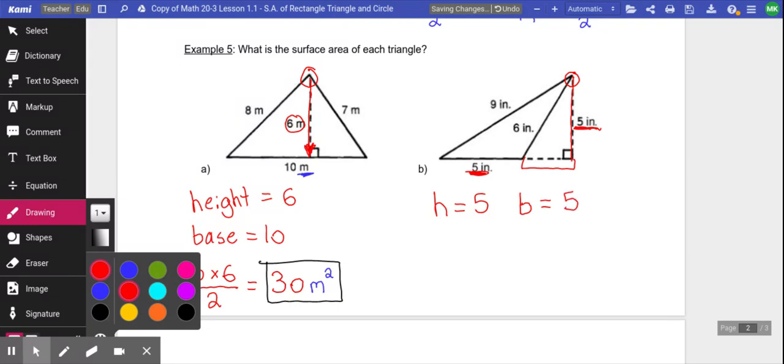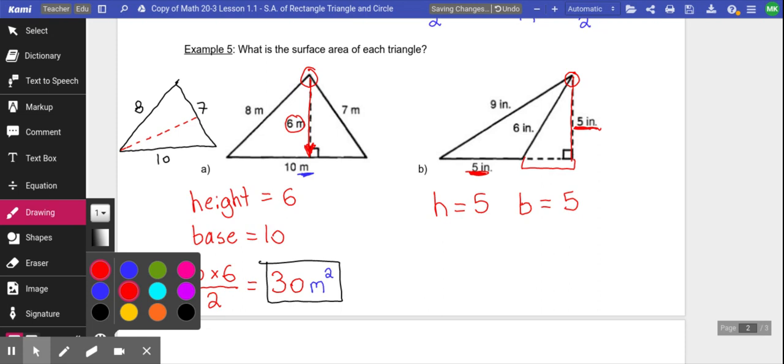Wouldn't the lowest number always be the base? Not always. If you took this same triangle, like the one on the left, and I'm going to try to draw it the same, but good luck for that, hey? They could give you like 10, 7, 8, the same sides, but they could make your height right here.